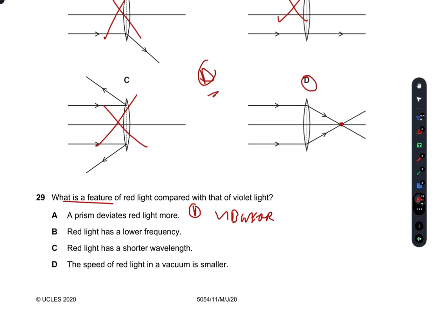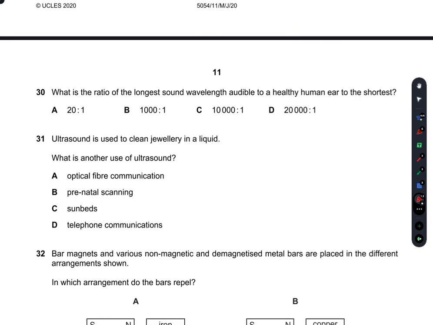I always memorize this by V has the highest frequency and shortest wavelength, whereas R, red, at the last has the lowest frequency and the highest wavelength. So red light has a lower frequency. So B is the right answer. This is a simple trick you can use as well.